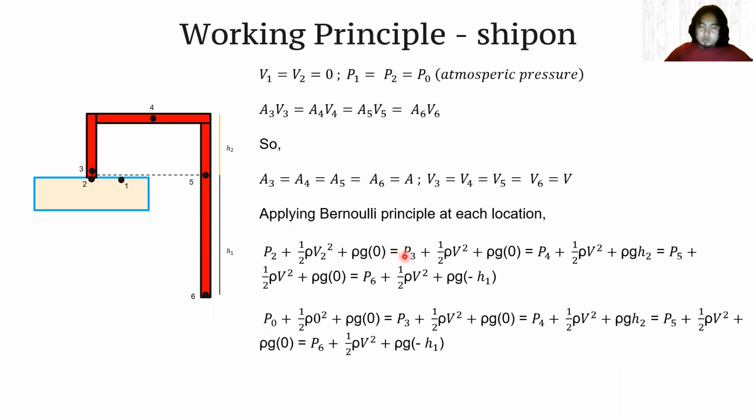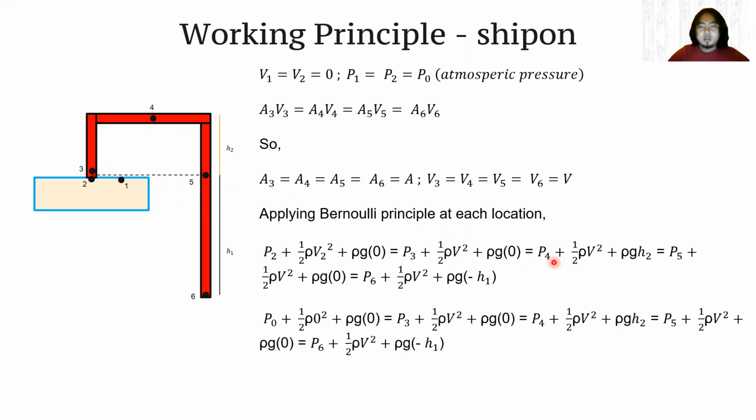And it's also equal to P3 plus half rho V squared. It should be V3. However, here V3 is equal to V, therefore we can just write it as V here. And P3 plus 1 over 2 rho V squared plus rho gH, where H is 0 because location 3 is located near the reference line.